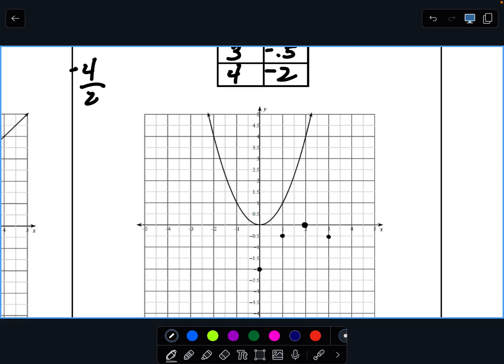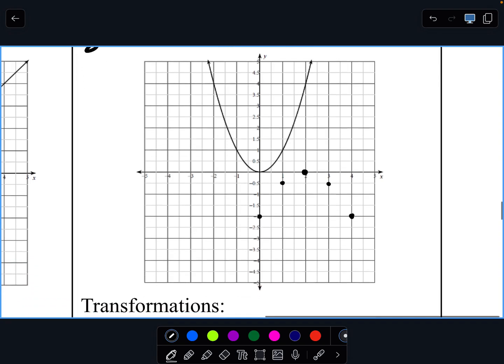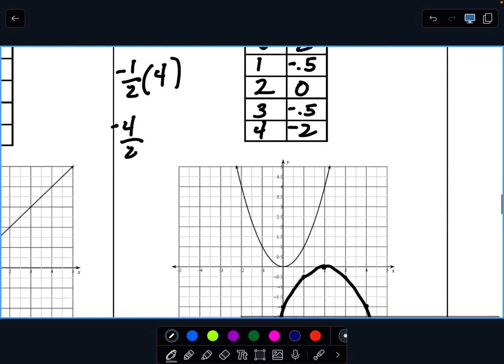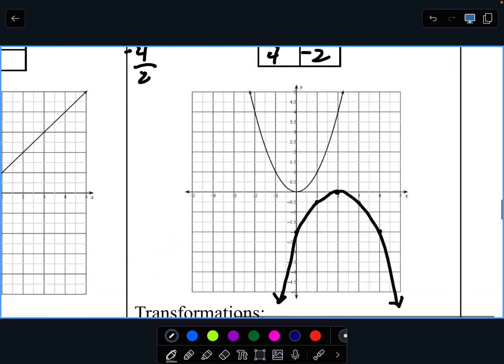At 0 and 4, I'm going to be at negative 2. Okay? Then I can draw my beautiful U, making sure it looks like a U and not a V. And all of my transformations happened using my table of values.